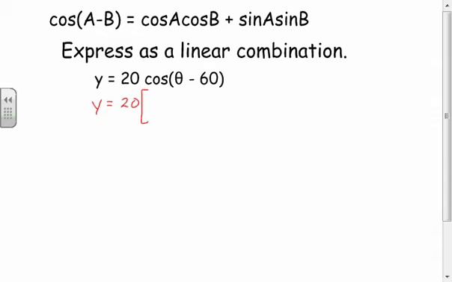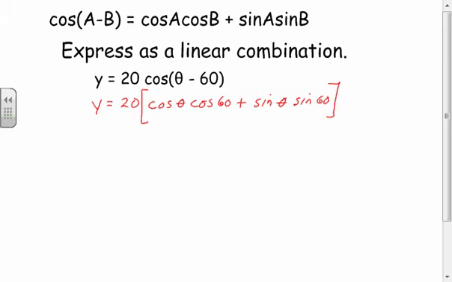In this, theta is the same as A, 60 is the same as B, so I'm just going to replace the A's and B's with thetas and 60s. So I get cosine theta cosine 60 plus sine of theta times the sine of 60.